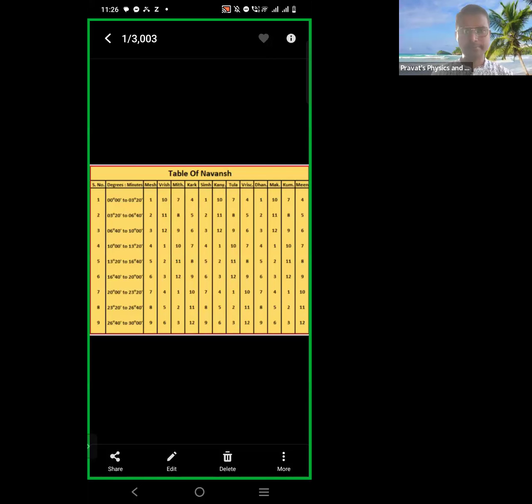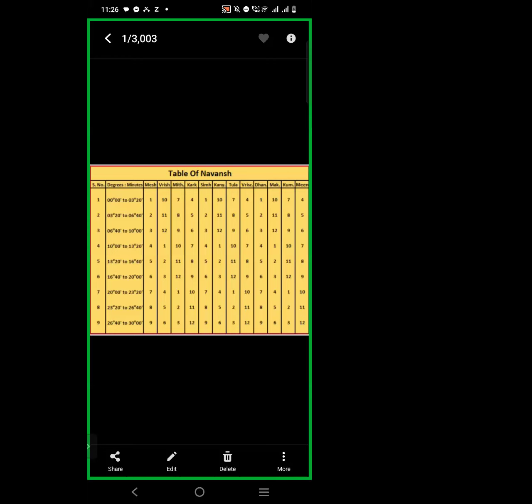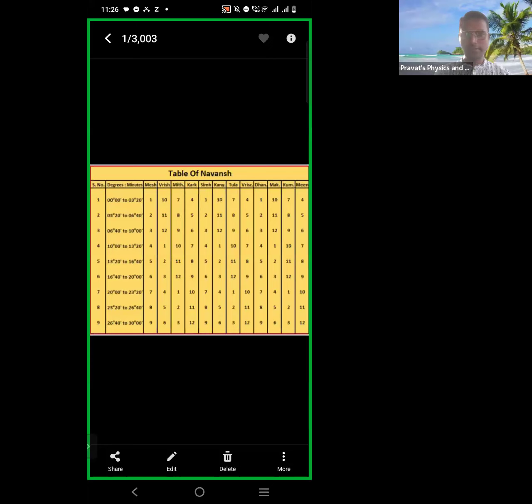Clear? Now see, suppose you start the division with Aries. What is the expansion of the first division of the Navamsa chart? 0 to 3 degrees 20 minutes.